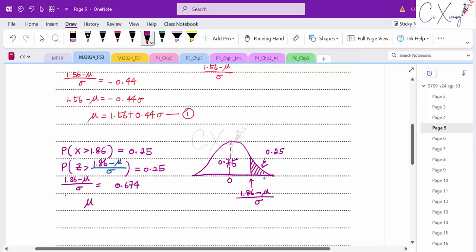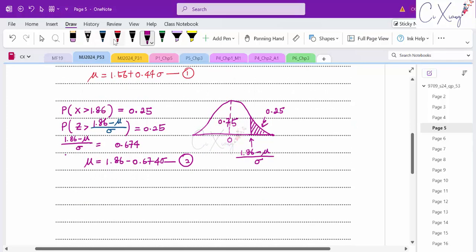Then from here, I form the second equation, which is 1.86 minus 0.674 equals mu. This is my second equation. So try to solve these two equations simultaneously, and from there you will be able to get the value of mu and also sigma.